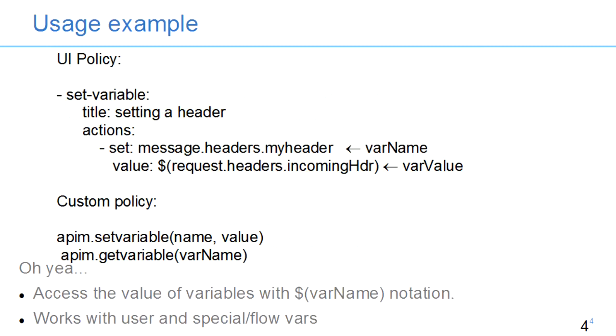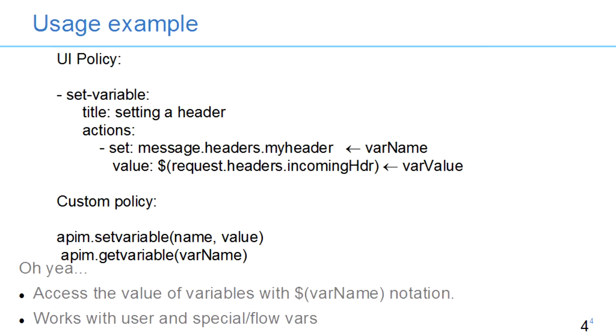And here's an example. If you were to use the UI or type directly into the source view, the Swagger, it's very simple. It takes two parameters, set and value. Set is where you would put the name of the variable, and value is the value. And here you can see I'm using the $ parentheses notation.